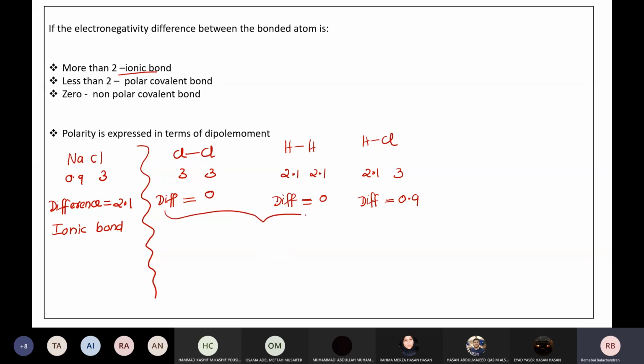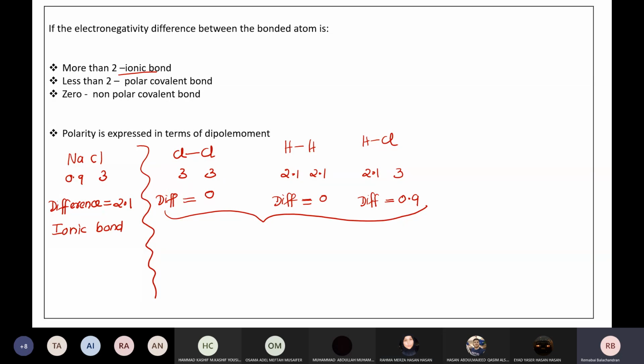Look, all these bonds are, come on, covalent or ionic? Covalent. All covalent. Of which the first two are something specific. What is it? They're non-polar.